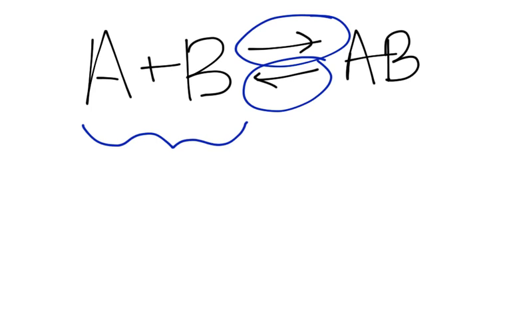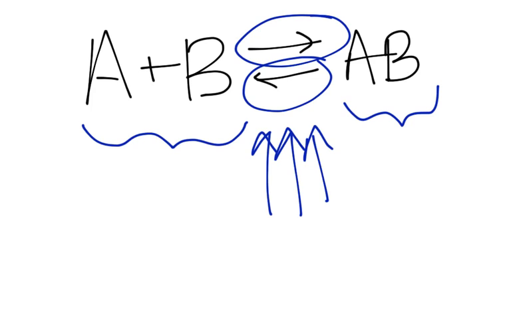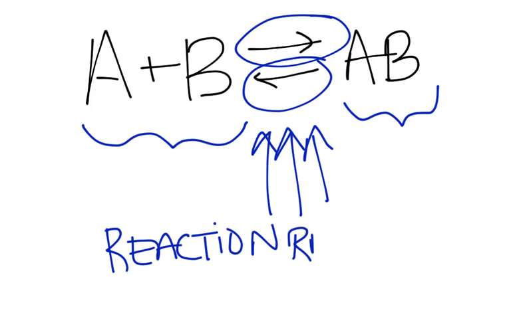It does not mean I have the same amounts of what's at the beginning and what's at the end. Chemical equilibrium is about the speed of the reaction. It's about the reaction rates being equal. And that's a very, very big distinction to have. Okay, reaction rates are equal.